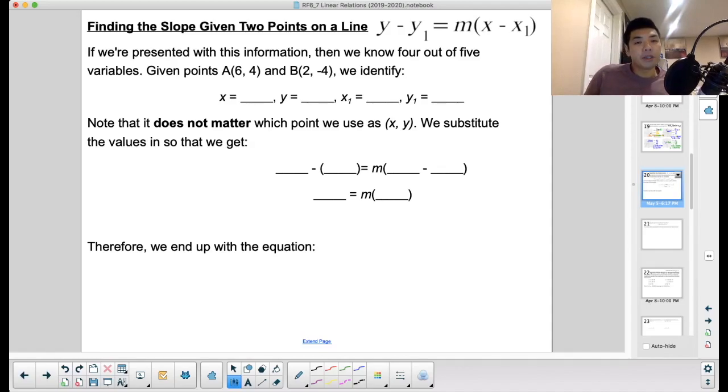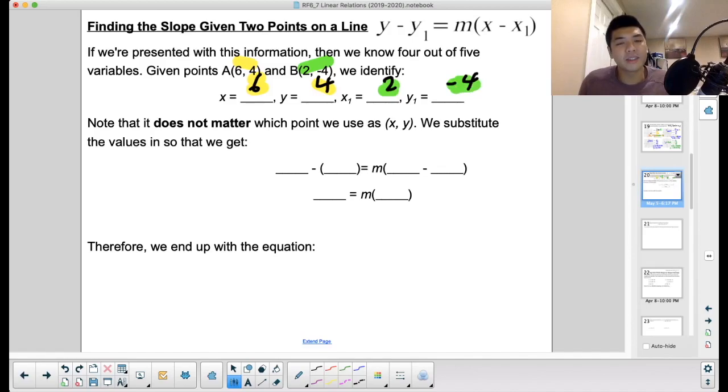Now in our example here, we've got 2 points, 6, 4, and 2, -4. So we're going to go ahead and plug in those pieces of information. So let's say we've got your 6 and 4 there, and 2 and -4. These I've just decided to put here, and these choices I've decided to just put over here.